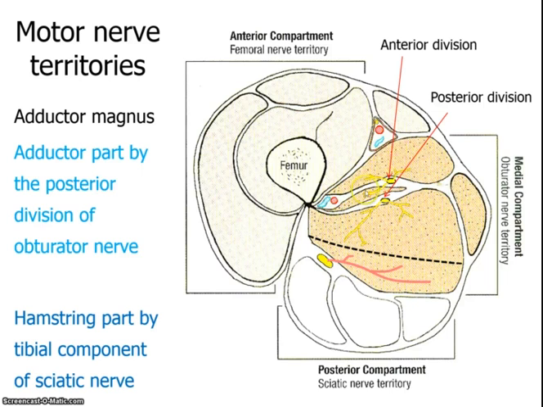The rest of the adductor muscles, including the anterior part of the adductor magnus, adductor longus, adductor brevis, and gracilis, are all supplied by the anterior and posterior divisions of the obturator nerve.